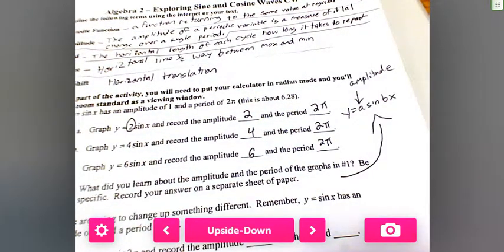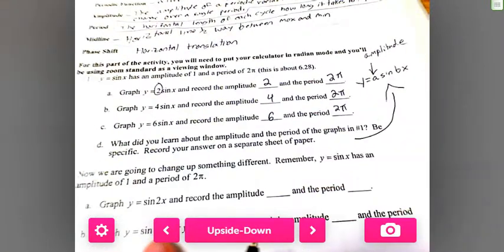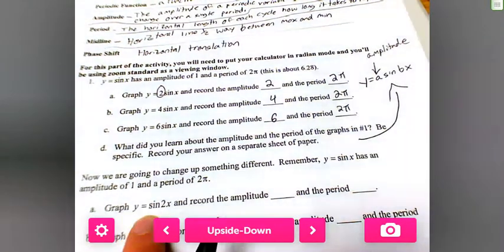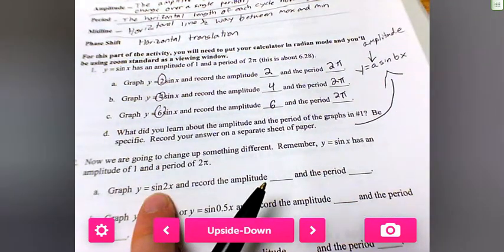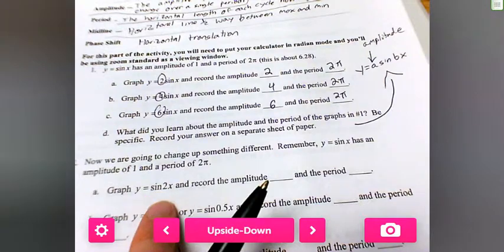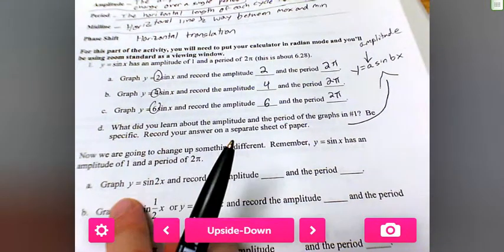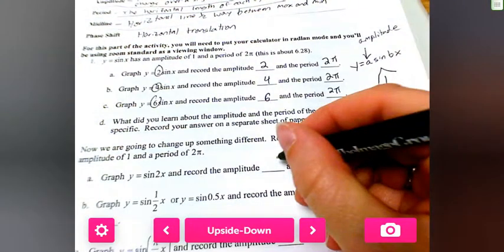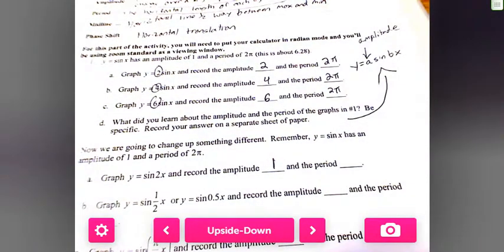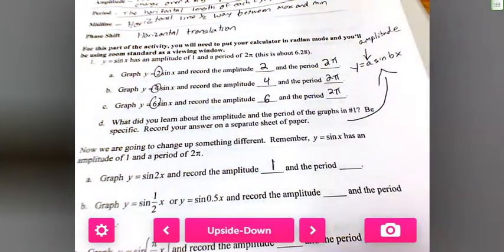Okay. All right. Next, we're going to see what happens when, instead of putting a number in front of sine, like we did up here where we changed all of our amplitude, what if we change the number after sine? So first of all, what's the amplitude of this one right here? What's in front of the sine? Is there a number in front of it? So the amplitude would be 1. If it was 0, it would make the whole thing go away. Okay? Now, if we times this by 2x, we want to see how quickly the period changes.